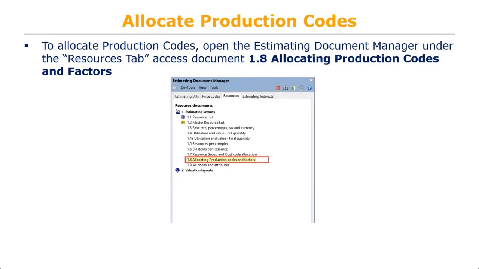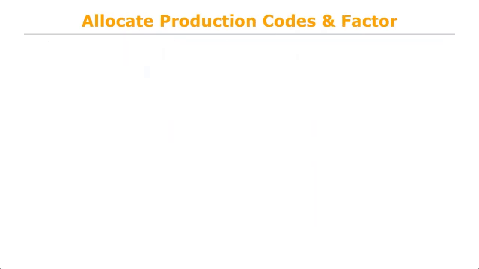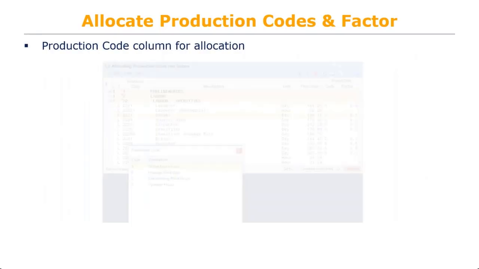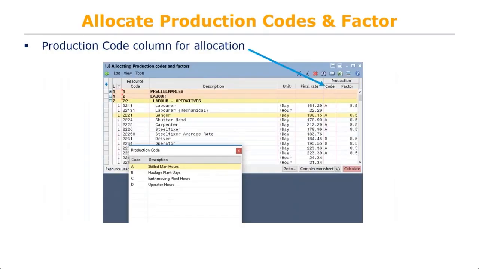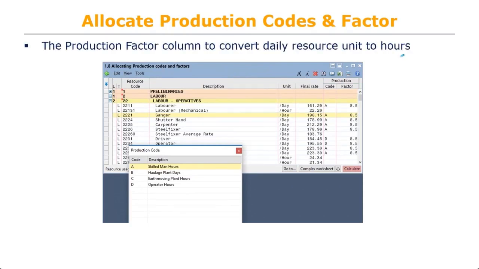And to allocate these production codes, we then go to the document manager under estimating. We select the resources tab and document 1.8 production codes and factors. The production code column for allocation, as well as the production factor column to convert daily resource unit to hours.